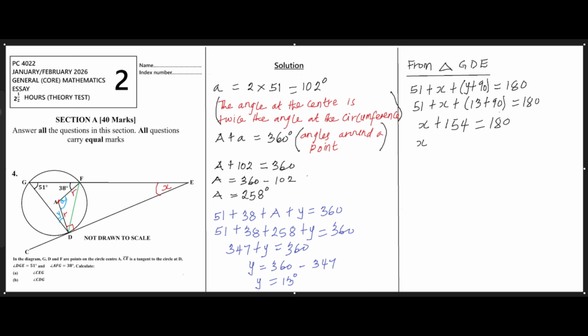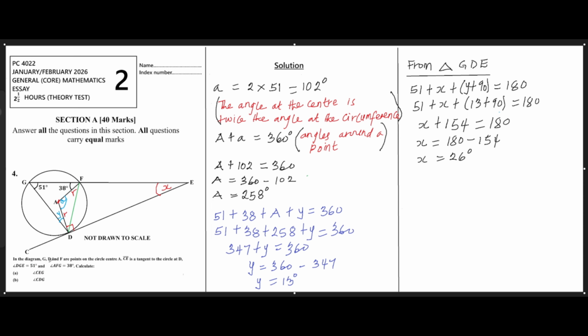So x is equal to 180 minus 154, which is 26 degrees.